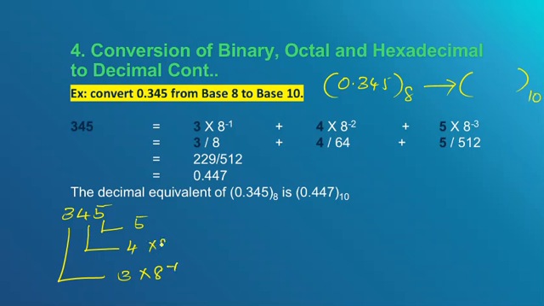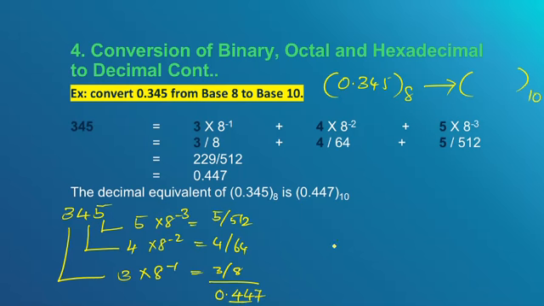So 8 minus 1, 8 minus 2, 8 minus 3. So this will be 5 divided by 512. This will be 4 divided by 64, and this will be 3 divided by 8. So the answer will be 0.447. So 0.345 of base 8 is converted into the decimal value 0.447 of base 10. Right?